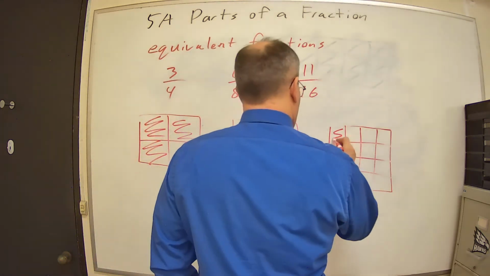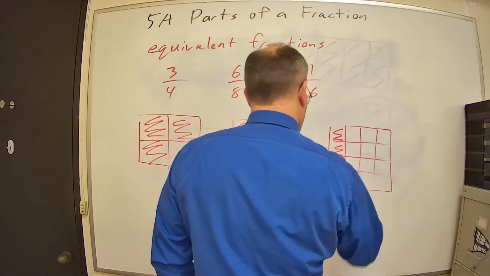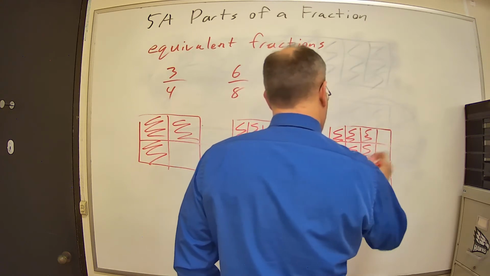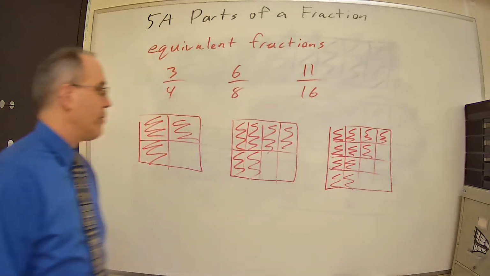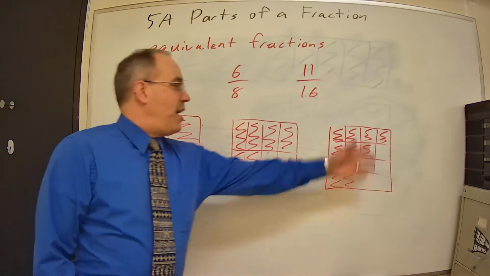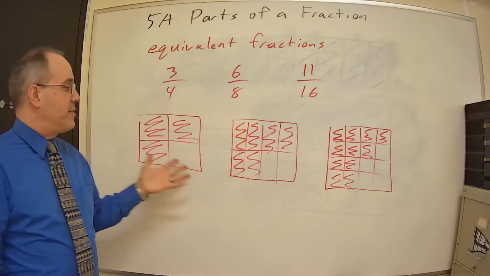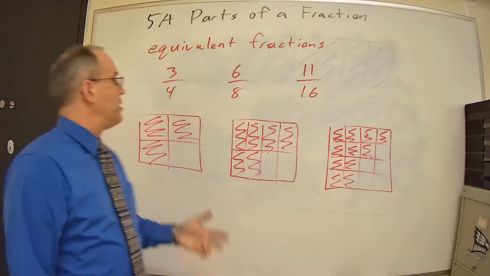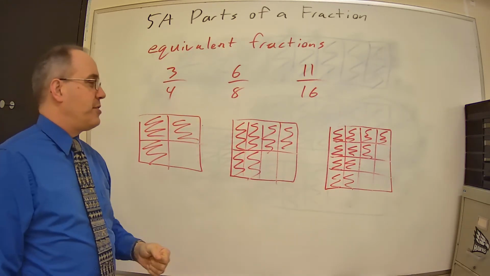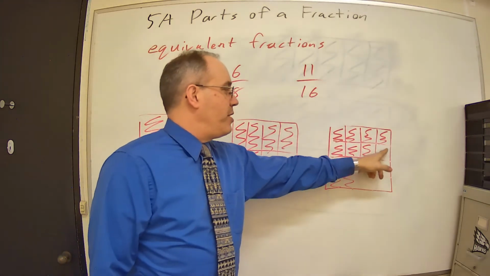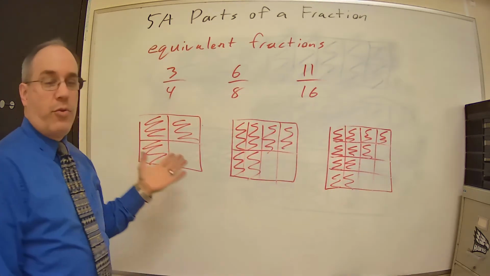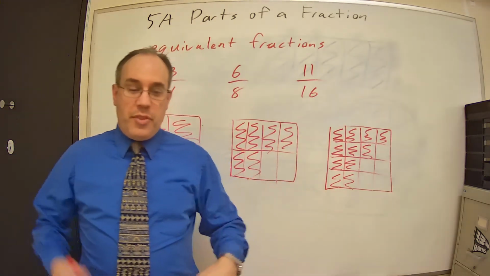So I got 1, 2, 3, 4, 5, 6, 7, 8, 9, 10, 11. Again, I colored it in such a way that I can see that 11/16 is not equivalent to 3/4 or 6/8. See, we would need one more piece. 12/16 would be equivalent.